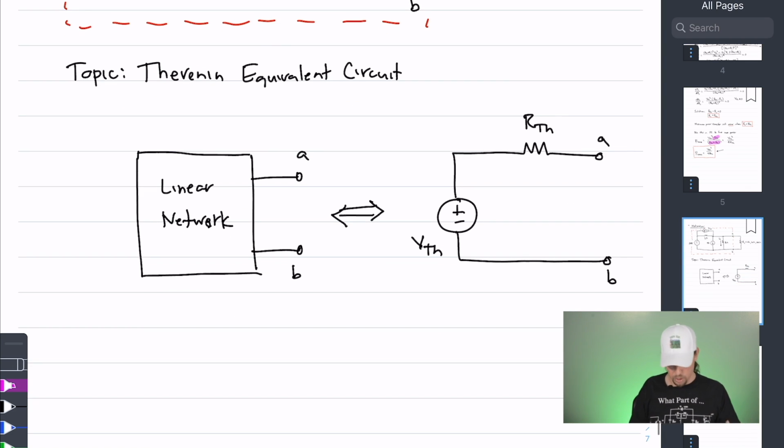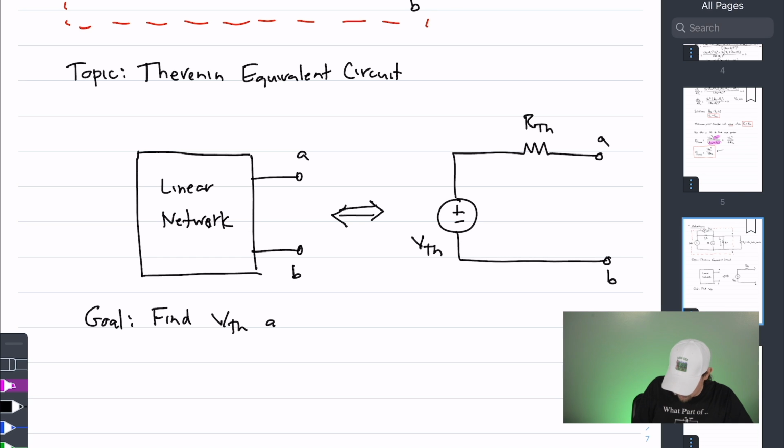So here, the goal, and this is the major goal, is for any given linear network, we want to find, first and foremost, what is the Thevenin voltage? And we want to find what is the Thevenin resistance, so that we can make those circuits equivalent and do the replacement.